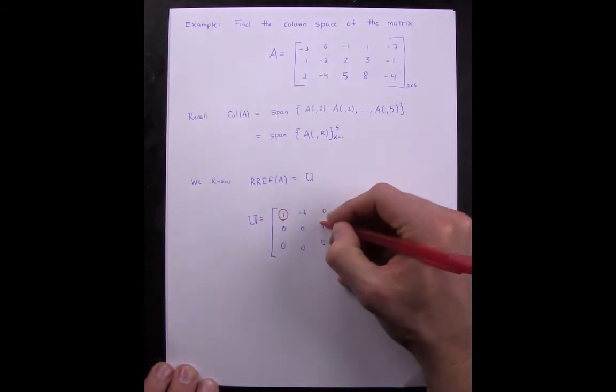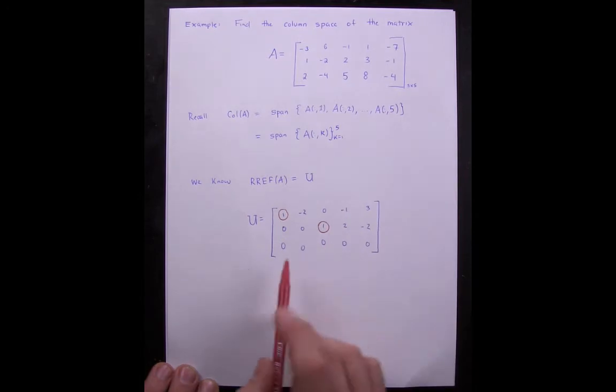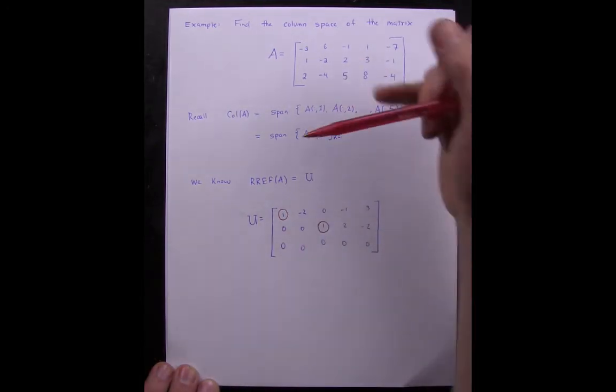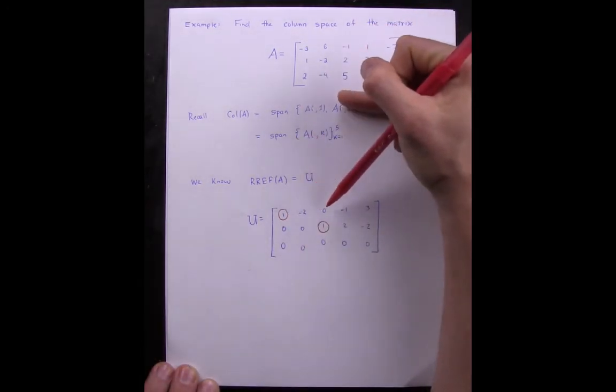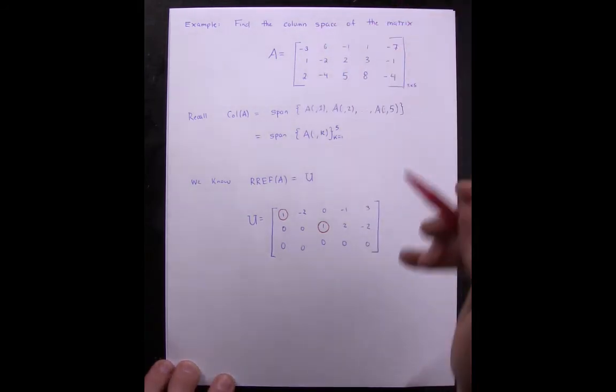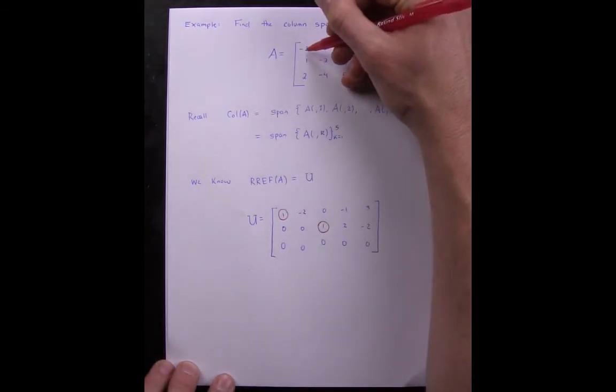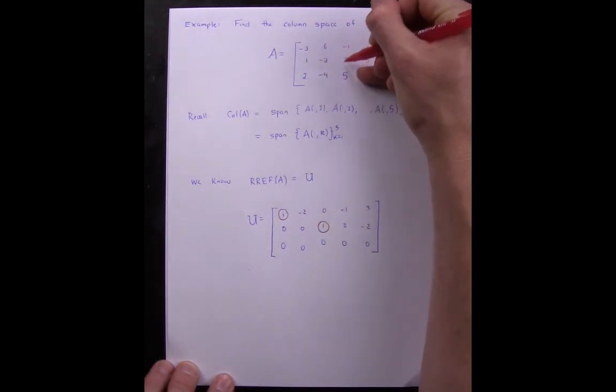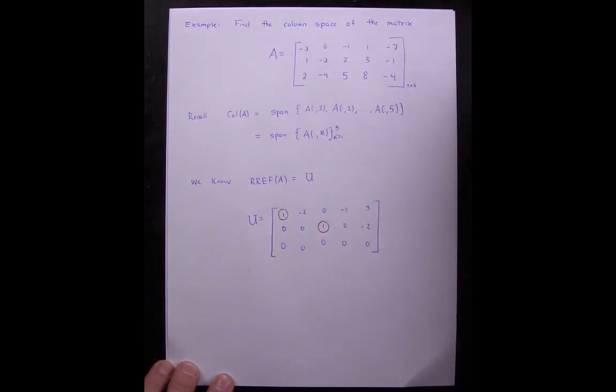Because the pivot columns indicate the position of the linearly independent columns of A, we know that columns 1 and 3 are linearly independent.